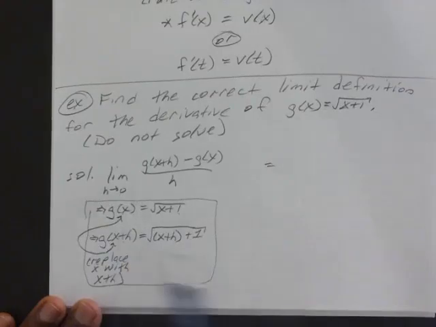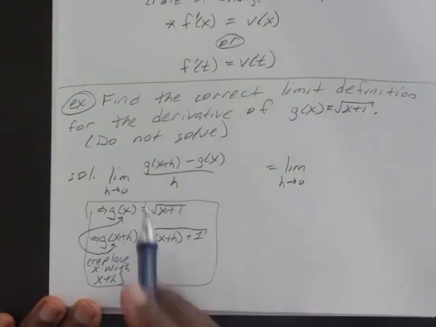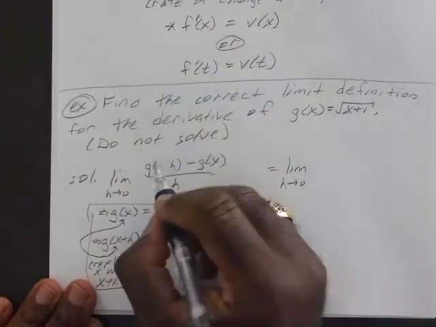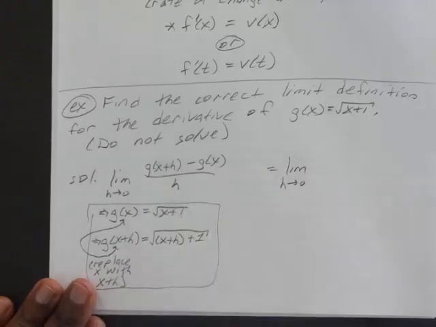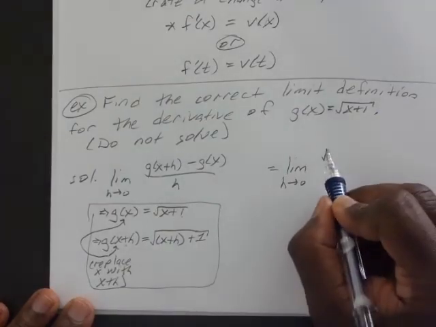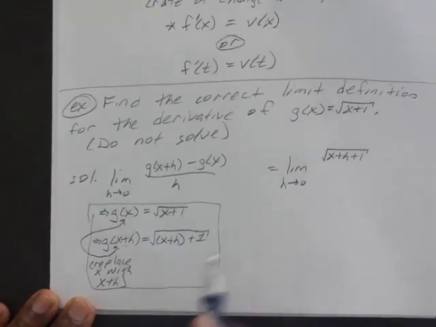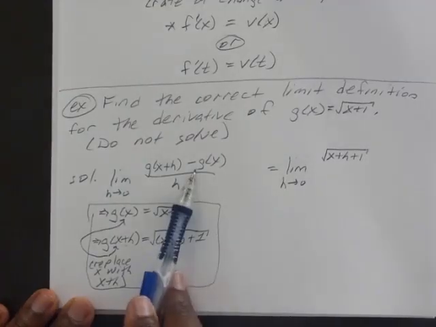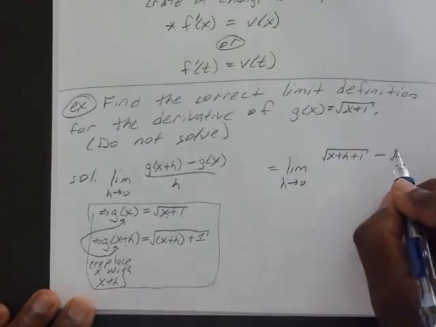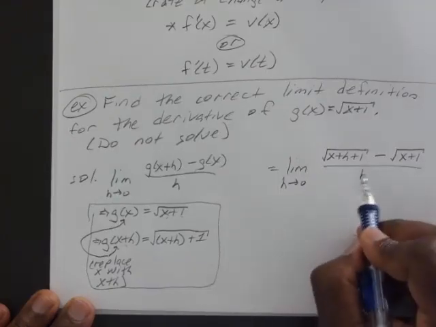So that means our limit definition is the limit as h approaches 0 of g of x plus h. Let me clean that up a little. There we go. So our g of x plus h is just the square root of x plus h plus 1 minus g of x, so minus the square root of x plus 1, divided by h.